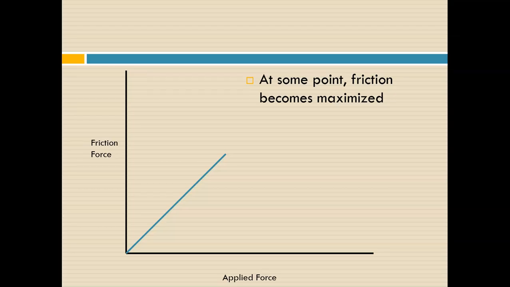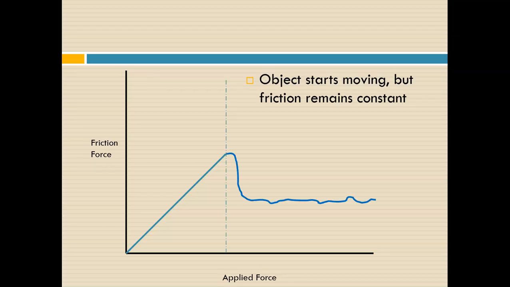And the amount of force we need to keep it moving doesn't change no matter how fast we go. Once the object is moving, it will keep a frictional force that remains relatively constant.